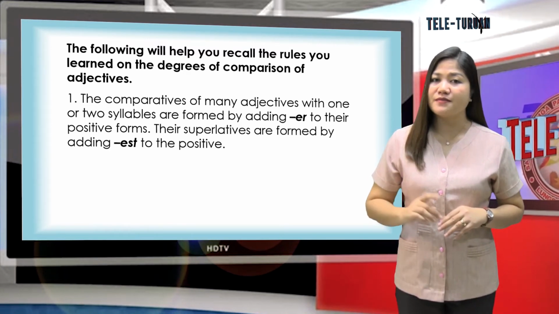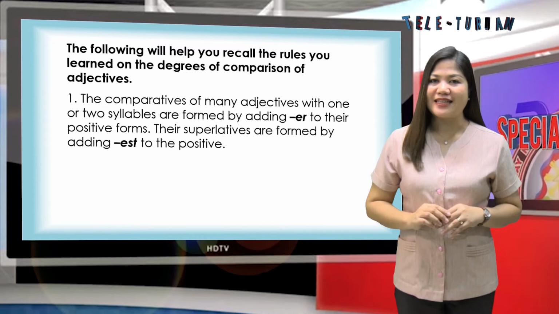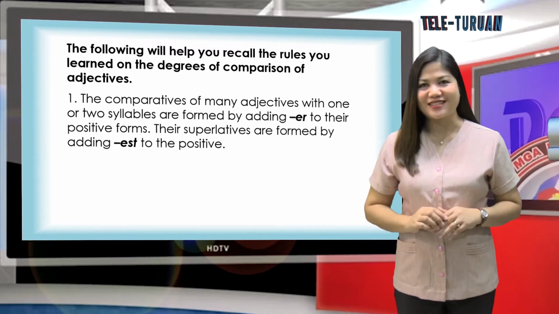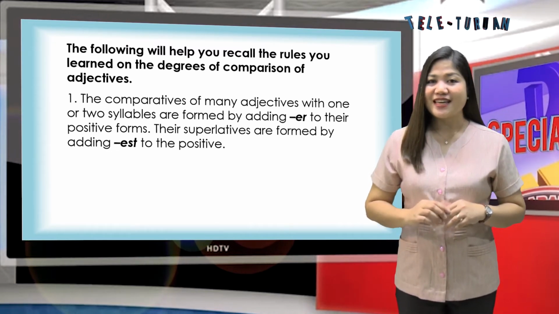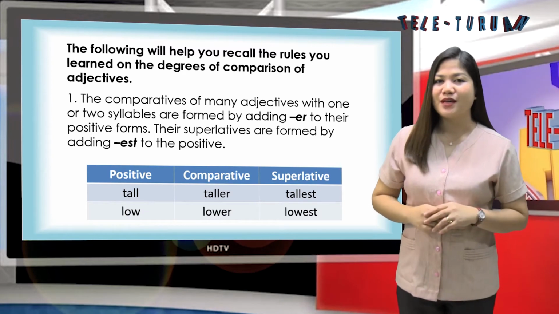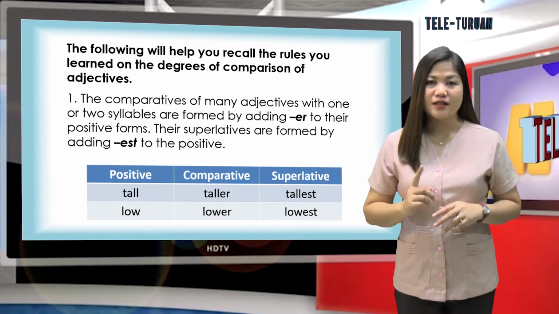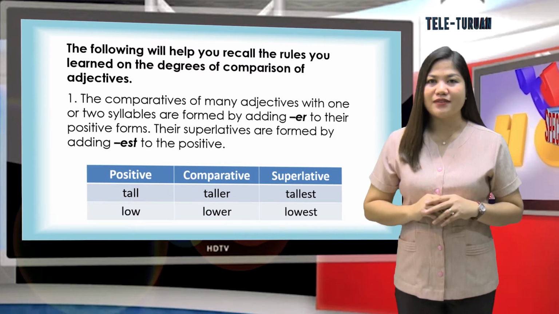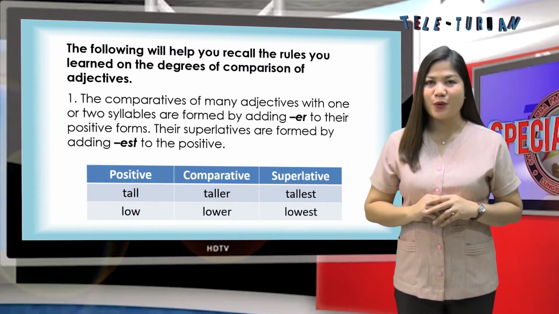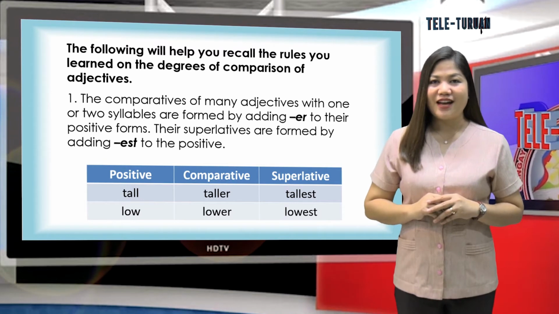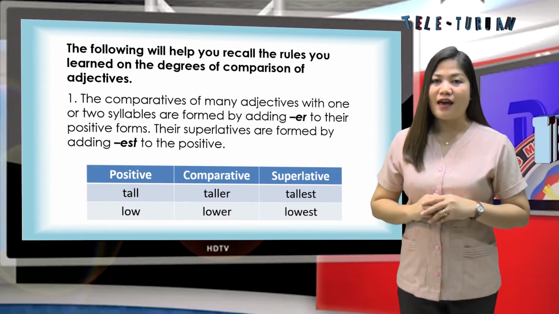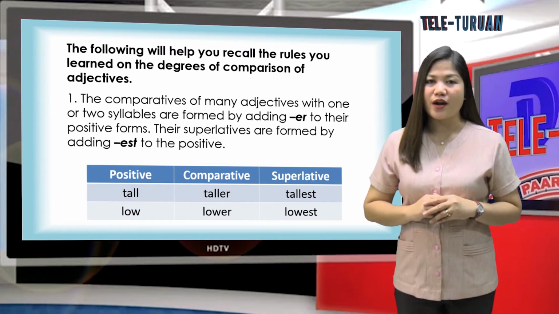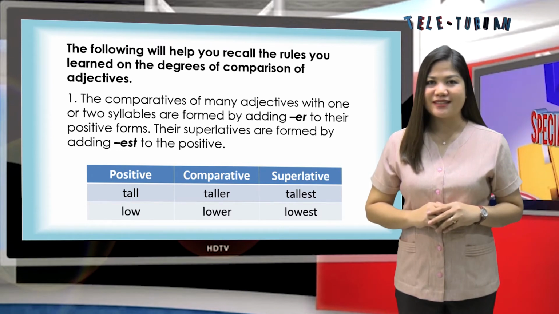Their superlatives are formed by adding est to the positive. Take a look at the examples. We have tall for positive, taller for comparative, and tallest for superlative. Another example: low, lower, and lowest.